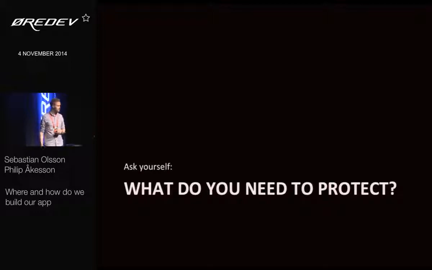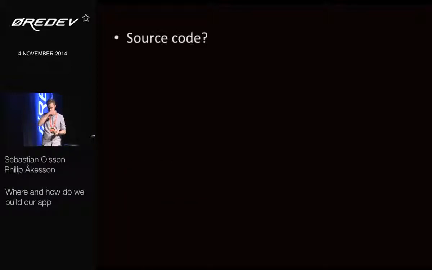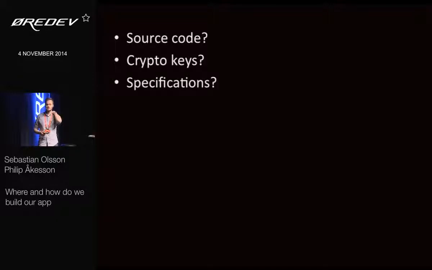Start by asking yourself, though, what is it you need to protect in your development and build environment? Depends on the project. Perhaps it's the source code. If it's open source, it might not be that secret, but you might want to protect that. Your cryptographical keys, where are those? Are they something you need to protect?